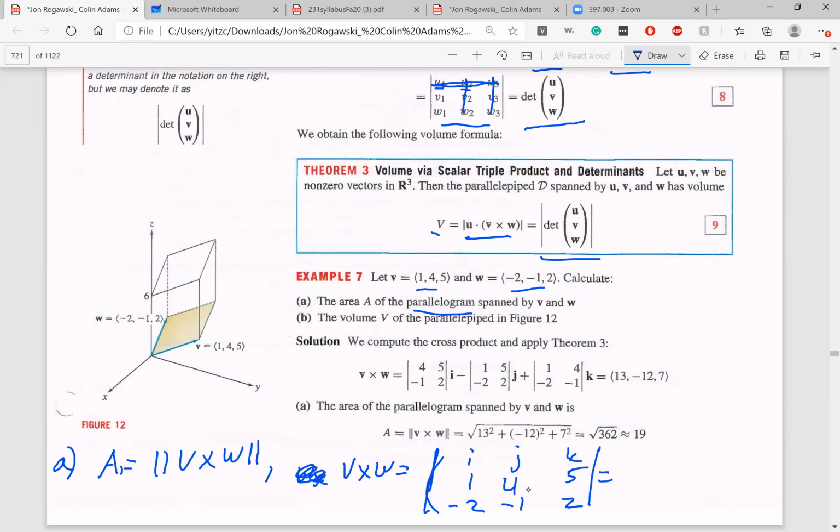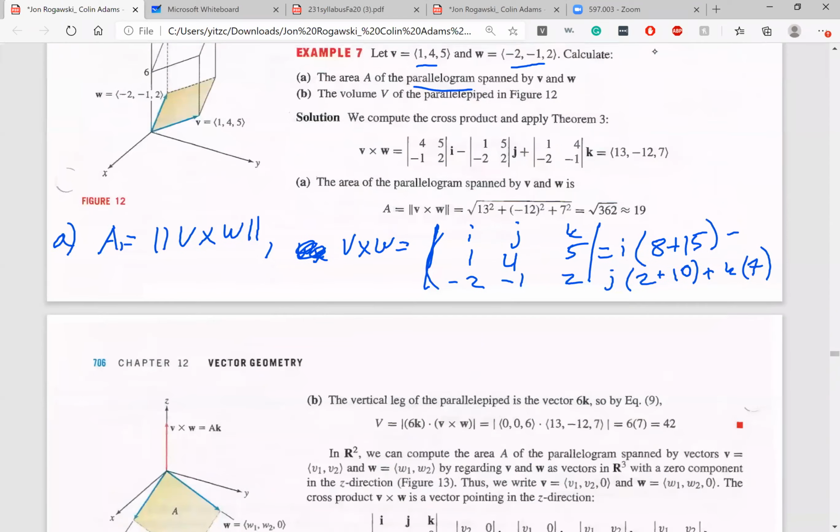This is equal to i times 8, and then this minus minus becomes plus, so plus 15, minus j times 2, and this minus cancels with that minus, so minus 10, then plus 10, and then plus k times, this is 1, and this minus cancels, so you get 7.